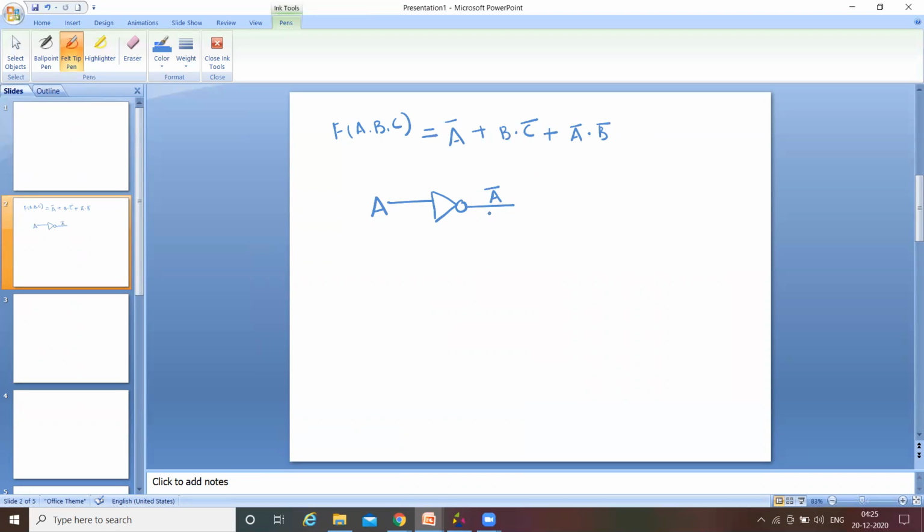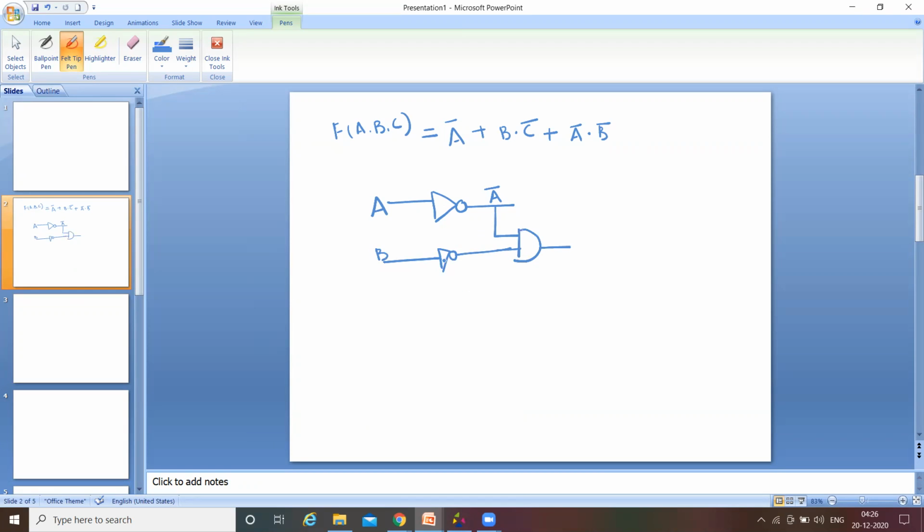Next consider this A and B bar, so B and B complement, and these two complement each other. This is A bar dot B bar, so here AND operation will come.